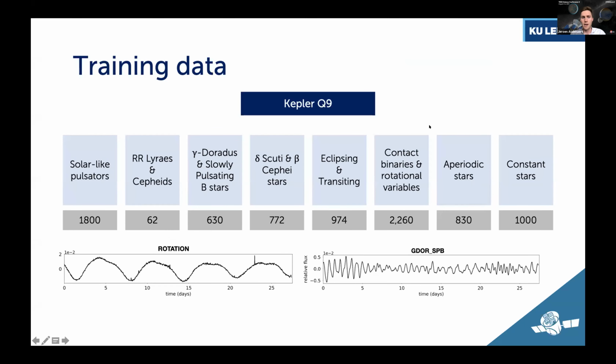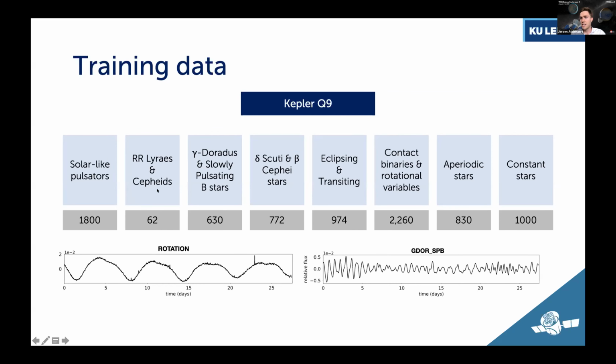Now, here you can see what our training data looks like. So we started from a labeled set of Kepler Q9 data, and we truncated all the light curves into 27.4 days in order to mimic the TESS duration as well as possible. Our training set comprises about 8,500 stars, and here you see the classes again, and underneath in gray you see the number of stars for each class.